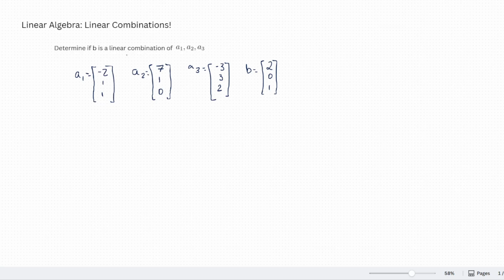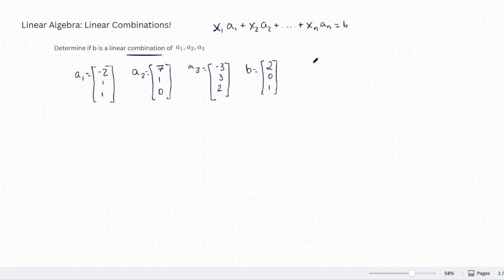So for a linear combination, we're going to have multiple variables. First variable x1 times our constant value, or scalar value, of a1, plus a second variable x2 times our constant a2, and you can do this any number of times to get a variable xn times our scalar constant of an, which is going to equal something at the end here, which we can call b.